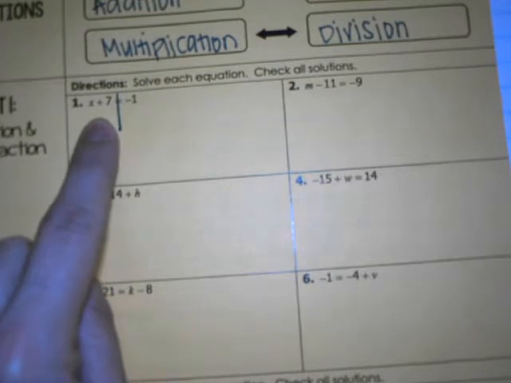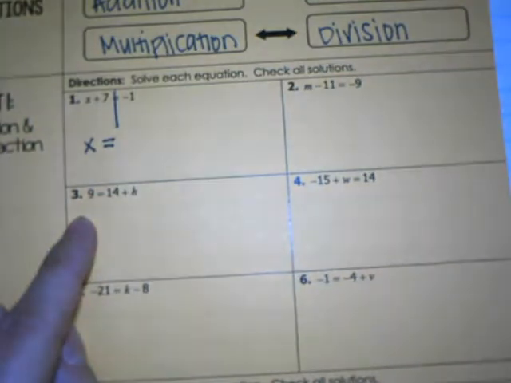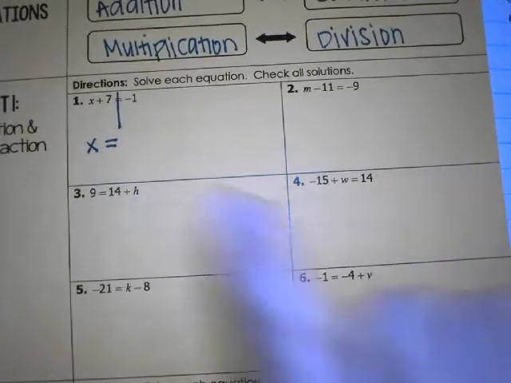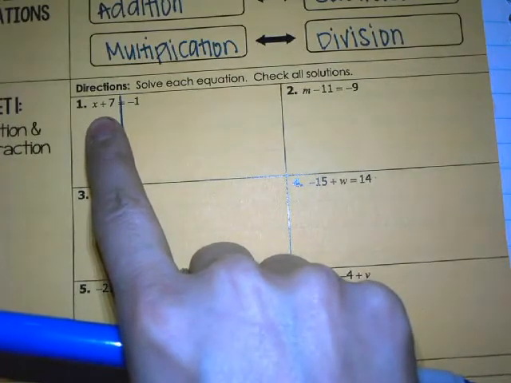So your job is to isolate the variable, meaning get the variable all by itself. So I don't want x plus 7, I want just x equals whatever. So I have to figure out the number next to the variable is a 7, and what operation is being done?